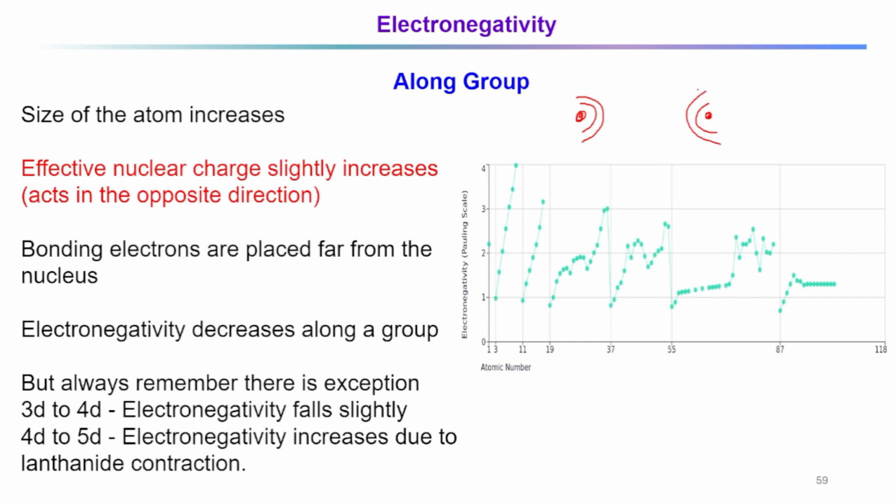As you go from top to bottom, the size of the atom increases, the number of orbits also increases.